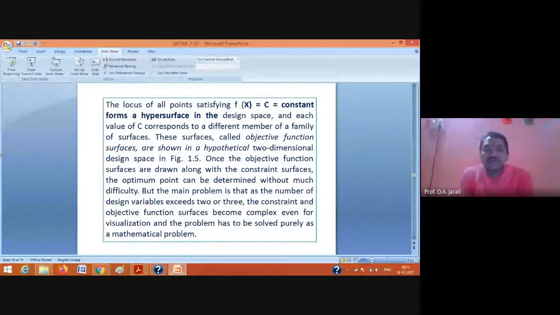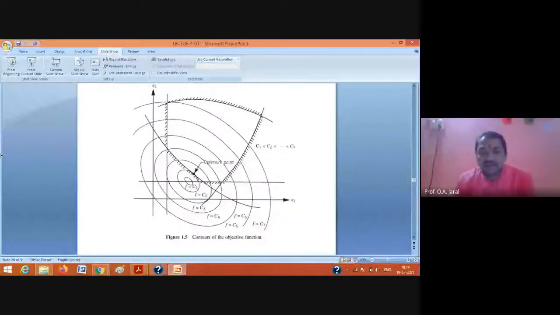But the main problem is that as the number of design variables exceeds two or three, the constraints and objective function surfaces become complex even for visualization, and the problem has to be solved purely as a mathematical problem. This is a contour plot of objective functions for different surfaces, having different constraints in different variables.